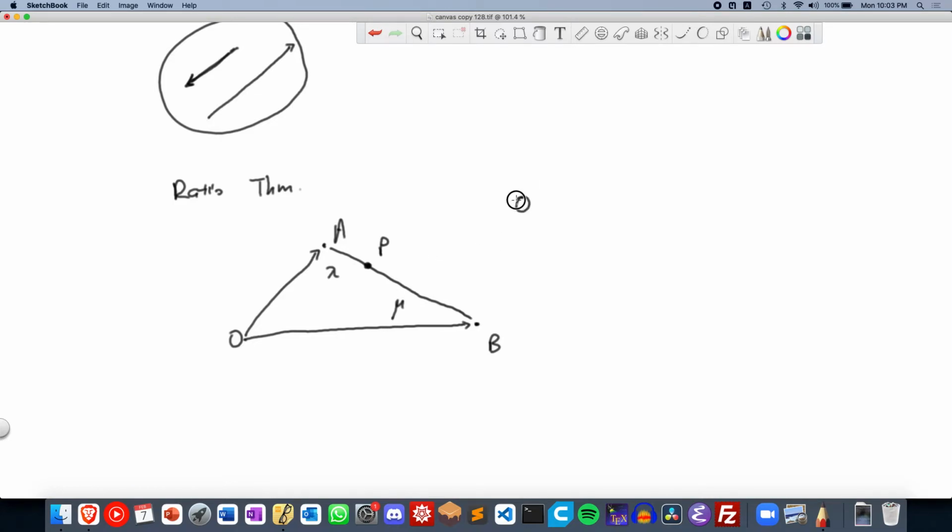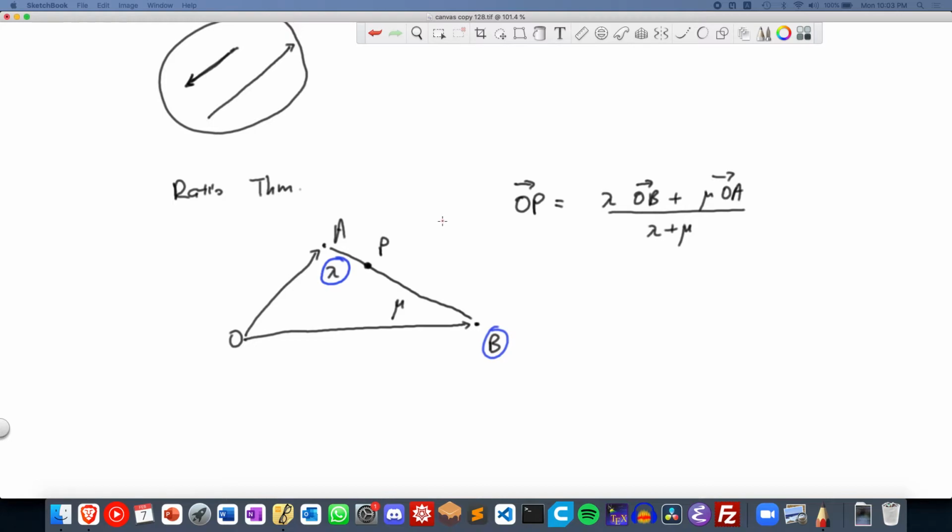Then the ratio theorem tells us that OP equals lambda OB plus mu OA divided by lambda plus mu. So the way to remember it is that you have lambda OB plus mu OA.